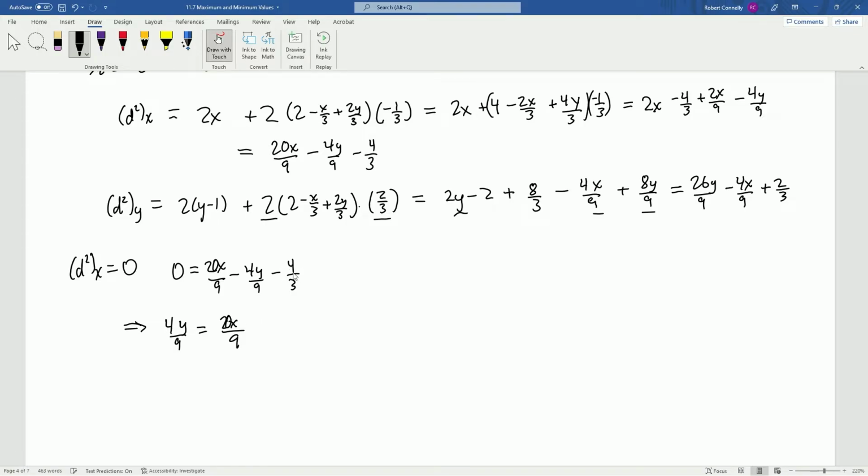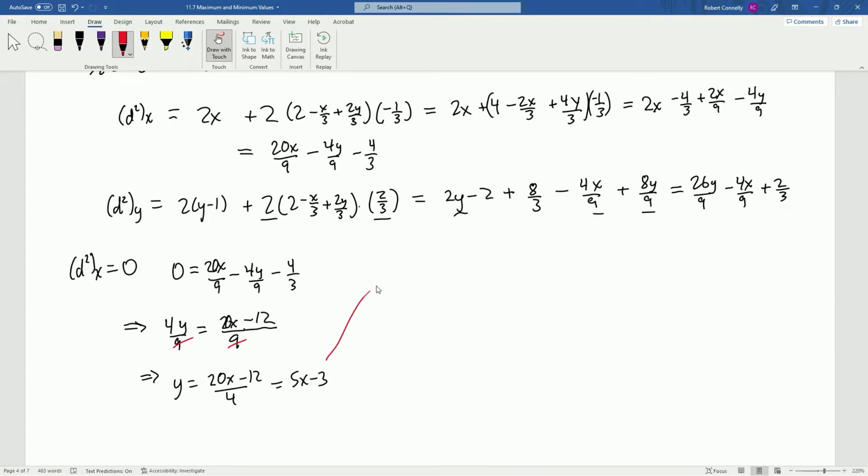And I'm going to give this a common denominator. So instead of minus 4/3, I'm going to make it minus 12/9. So now I can multiply 9 across, and those will cancel. And then I can divide by 4. This gives me y equals 20x minus 12 over 4, which is 5x minus 3. So that's not too bad. That worked out kind of nicely.